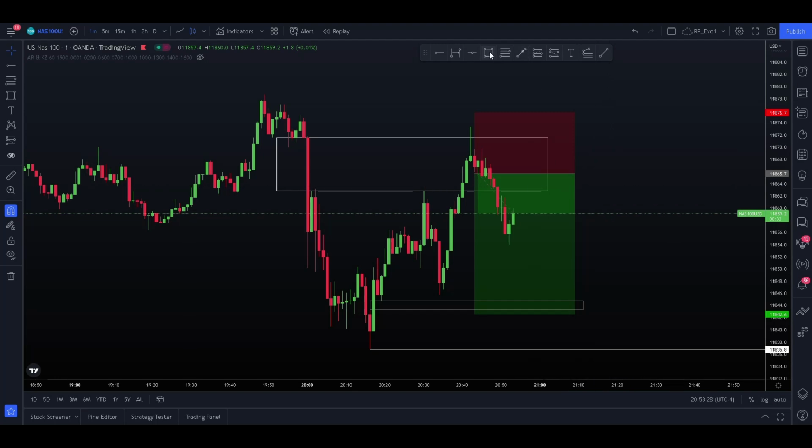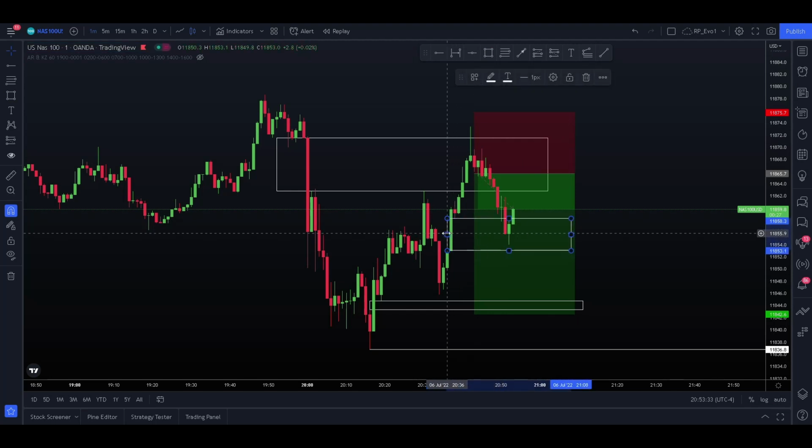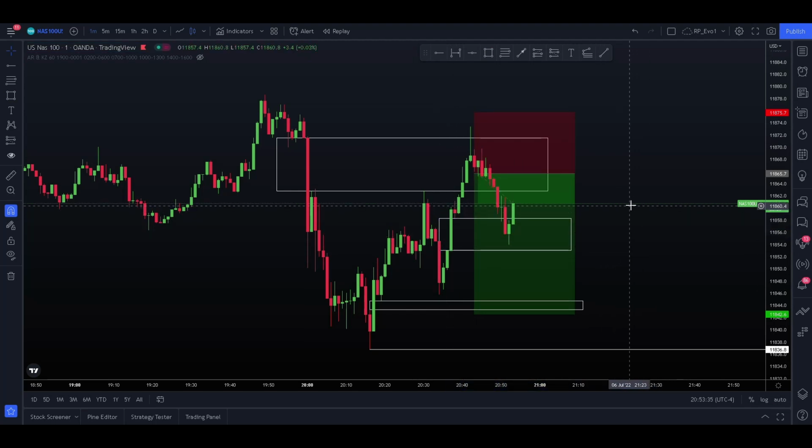So we do have some price rejection. That's fine. And this imbalance kind of here. We should see price resuming. I see price going lower again.